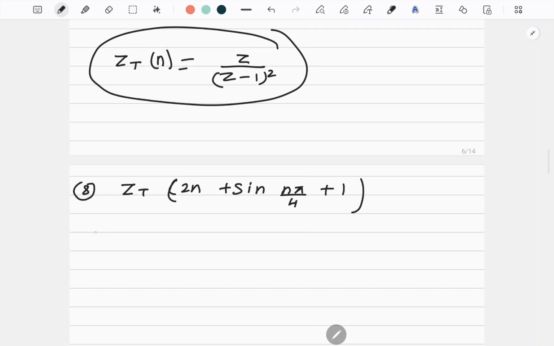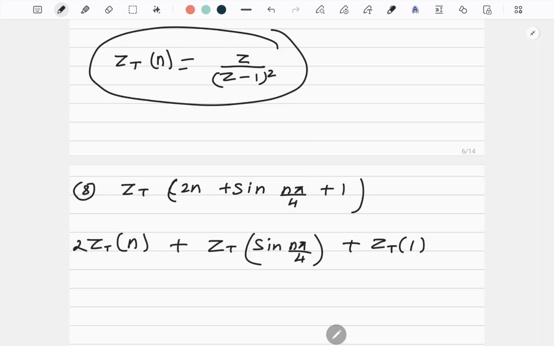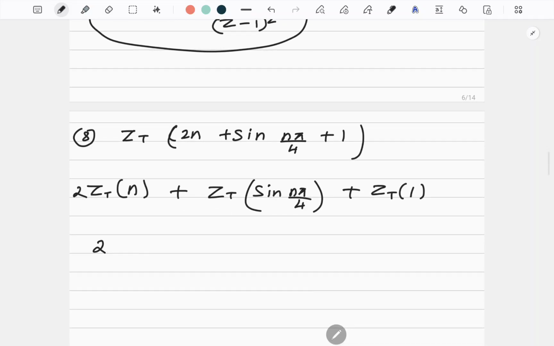Now can I rewrite this as 2 times the z transform of n plus the z transform of sin n pi by 4 plus the z transform of 1? Now 2 times the z transform of n is what? It is 2z upon z minus 1 square.